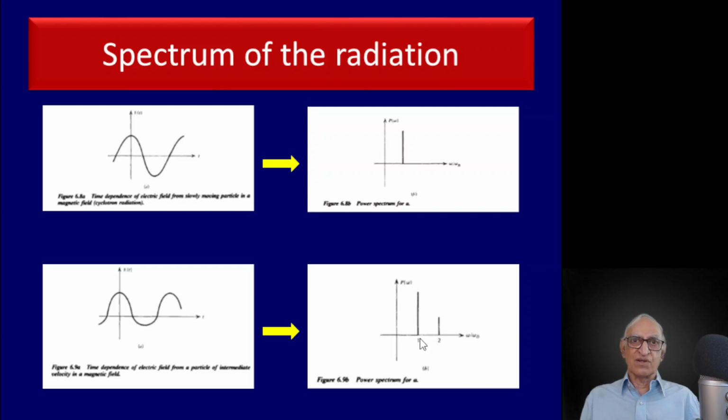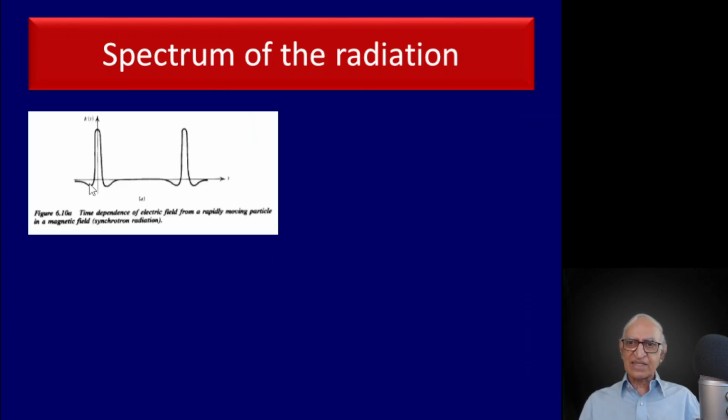I hope you have learned something about Fourier series and Fourier transforms. The Fourier transform of a sinusoidal wave is a single frequency, but if it is not quite sinusoidal, then it will have harmonics in it. Now suppose the electric field changes with time like this. And why would it change like this?